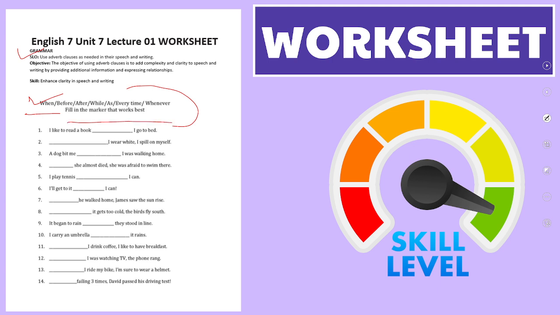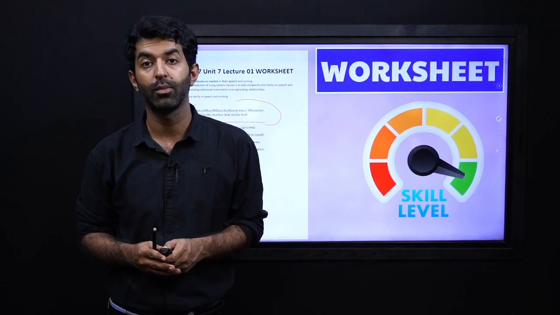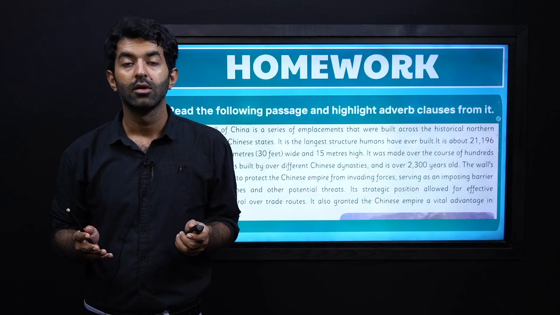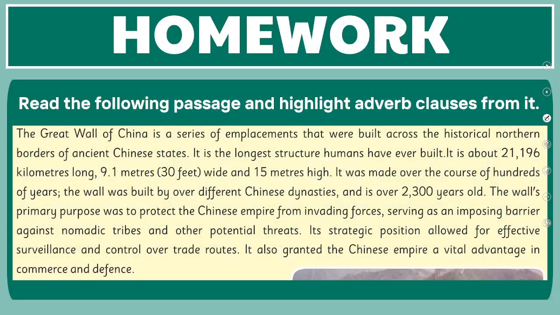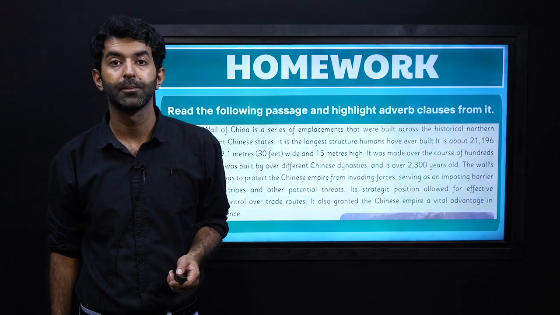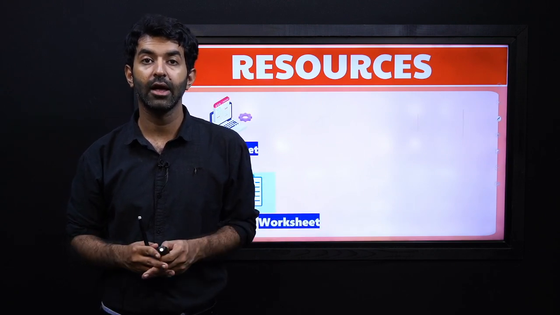All these subordinating conjunctions and adverbs are given, and you have to put them in the right place. Now, for your homework, you are going to read the following passage and highlight adverb clauses, exactly like you did in your classroom activity. Here are all the resources for your understanding and help.